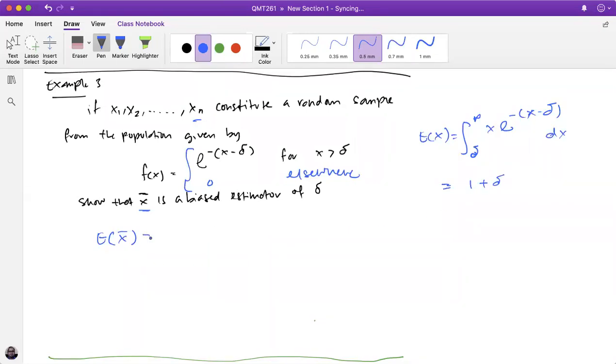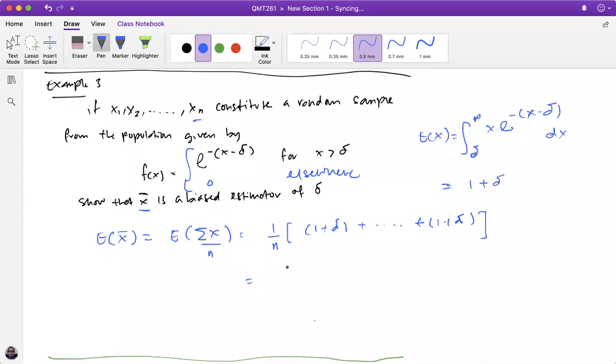So the expected value of x bar is equal to the summation of x divided by n. So this should be 1 divided by n multiplied by the expected value, 1 plus delta, until 1 plus delta. Right. So this one is not equal to delta.